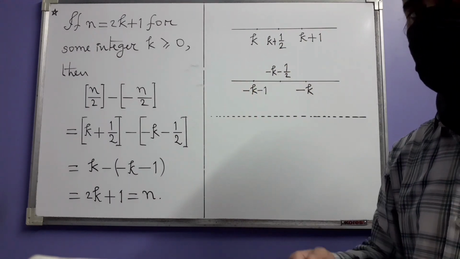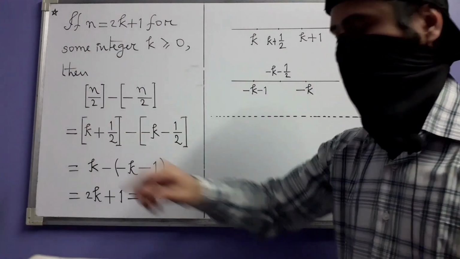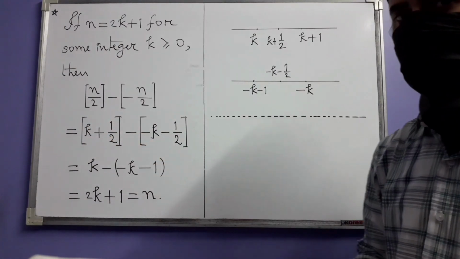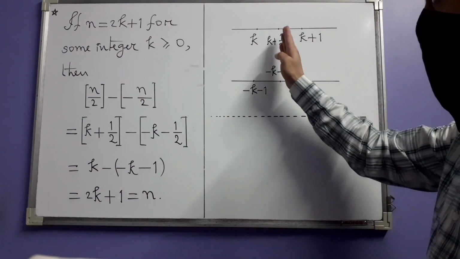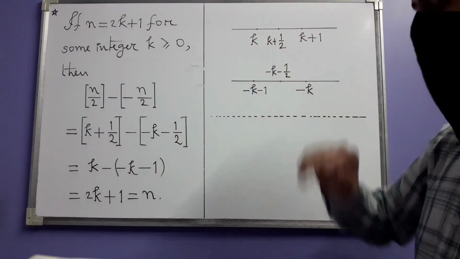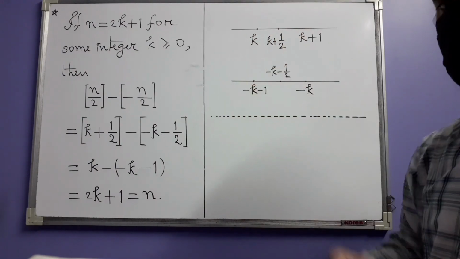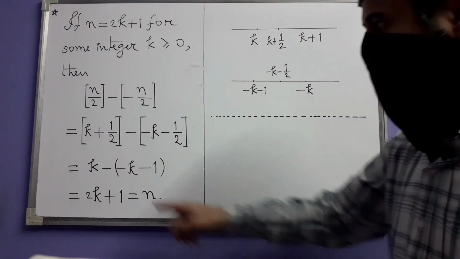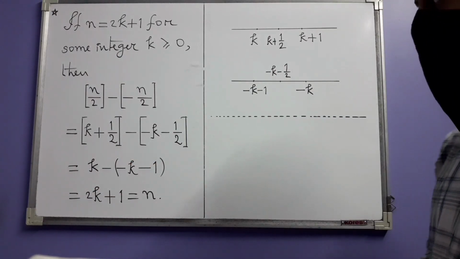So from this diagram, what can you say about this floor value? By definition, this floor value is the greatest integer less than or equal to k plus 1 over 2, which of course is k, the next integer which is to its left. That's how we are getting k here.